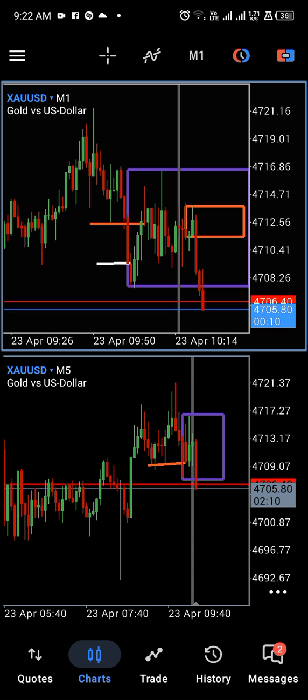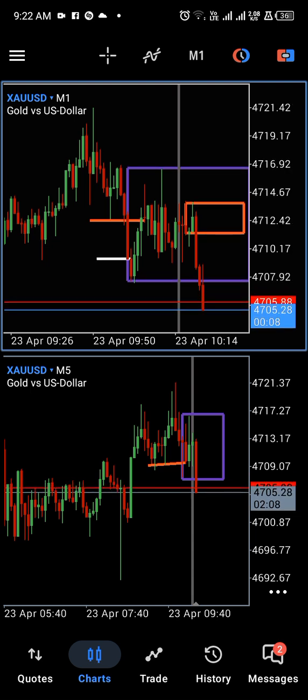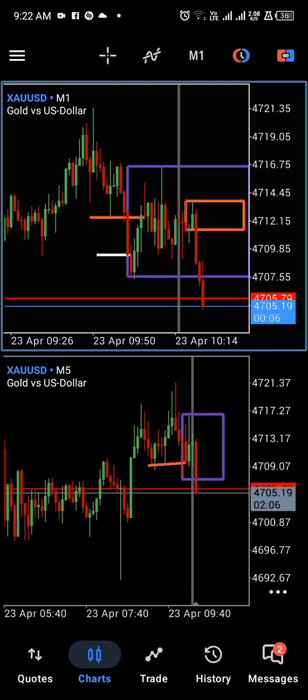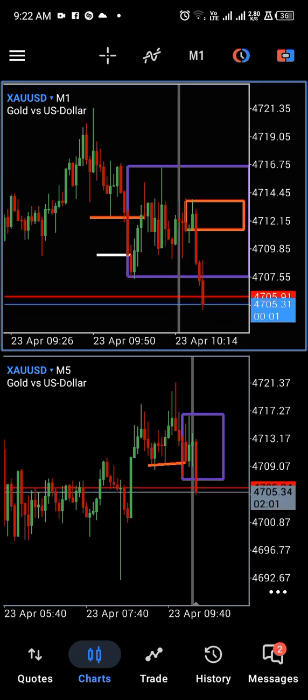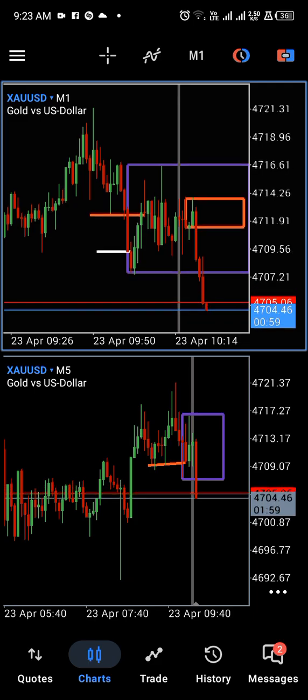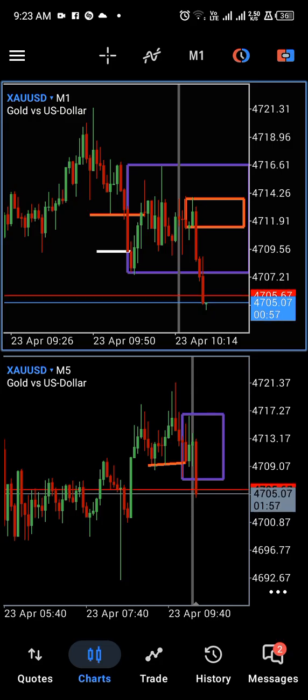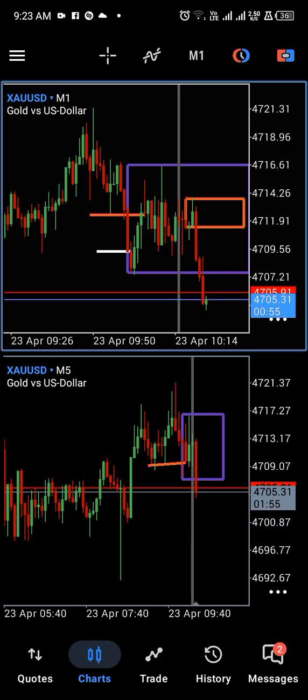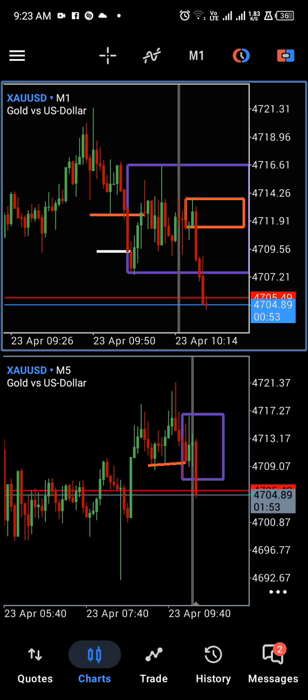So what I want to see now is a pullback, the market pulling back in to cover this fair value gap. Either it will form another fair value gap outside this purple rectangle here, which is my area of interest. So if I can get maybe confirmations outside here, I will take them to try to sell this thing.